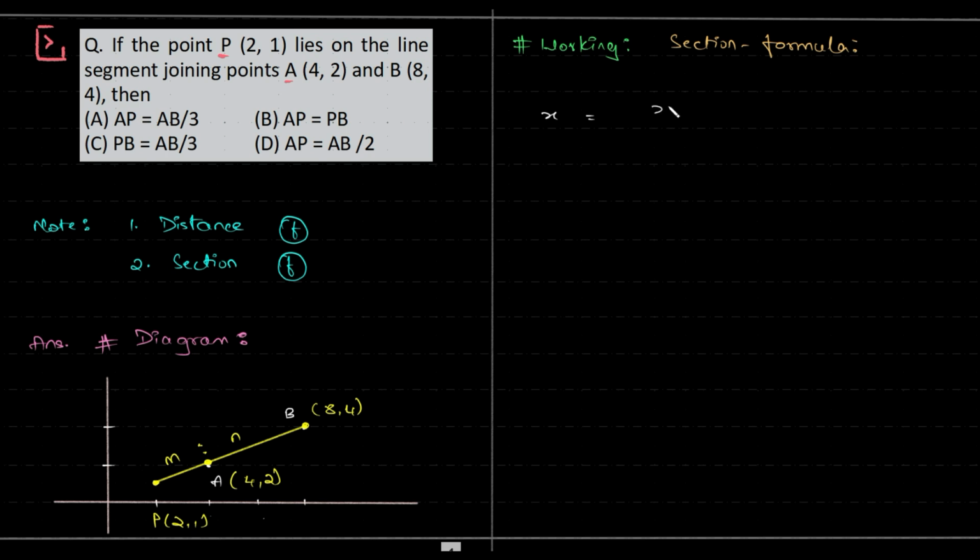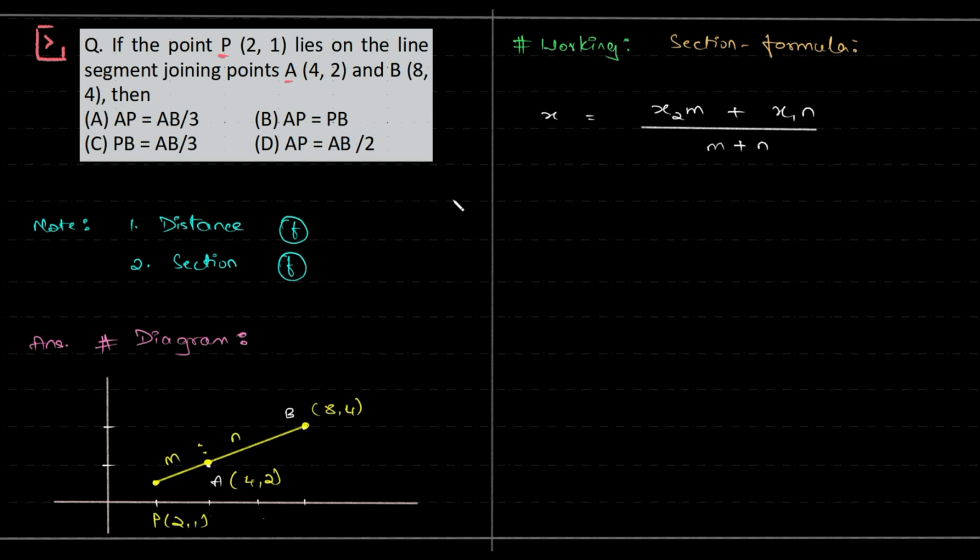Let me write it a bit neater. x2m plus x1n, whole thing divided by m plus n. And y is also equal to y2m plus y1n divided by m plus n, is it not? So we can go either way. We can just use x or y, or use both for finding and verifying.